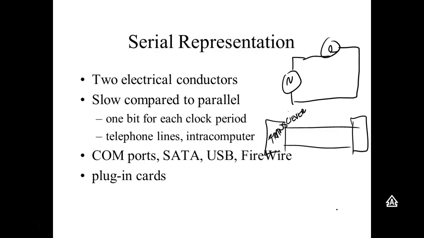But if they went below this size, they wouldn't get the speed they wanted, right? Does that make sense? So that would be like me putting a jet engine in a Volkswagen. It couldn't handle it, so what we're saying is some devices don't need parallel.